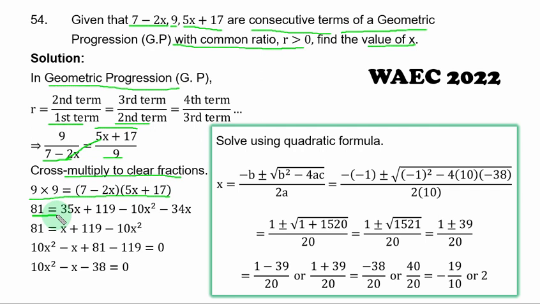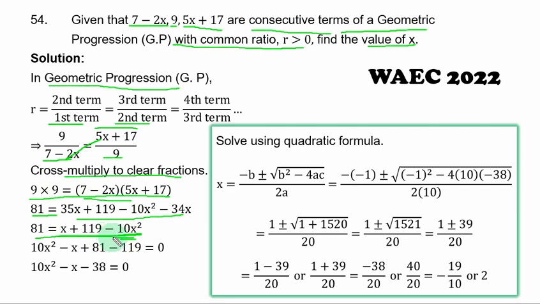81 is equal to, when you expand the two brackets, you have this result. After addition of like terms, you have this result. By this term, we perceive that the result will be a quadratic equation. To achieve that, let's transfer all the terms here to the left hand side, leaving 0 here.